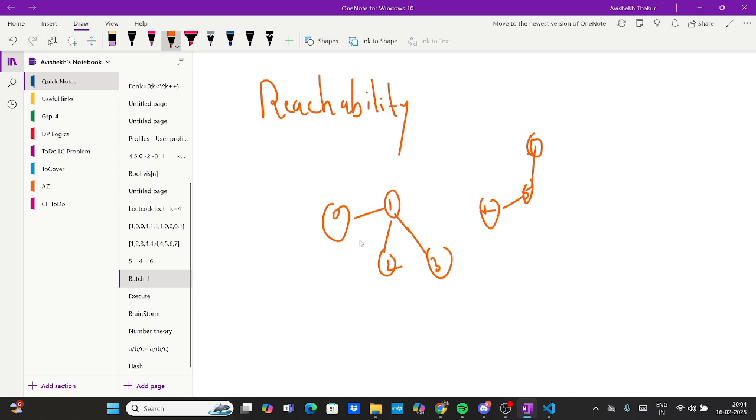No, right? Because you can go from 1 to 3, 2 or 0, but how can you go to 6? You cannot. So reachability is nothing but, given two nodes, can you reach from one node to another node? That's all. Simple.